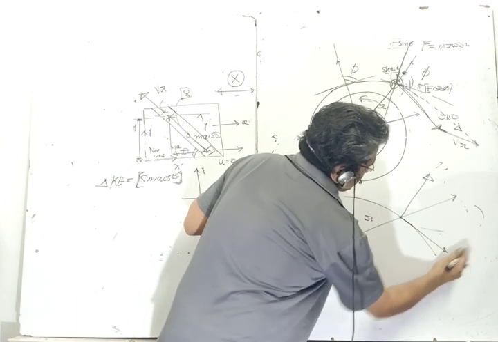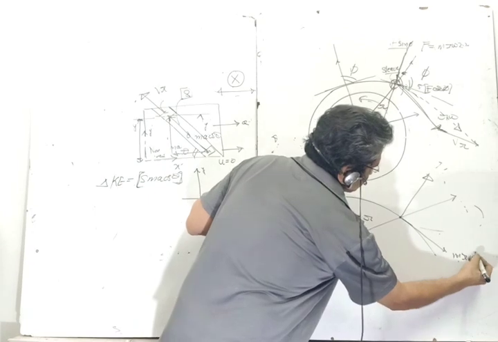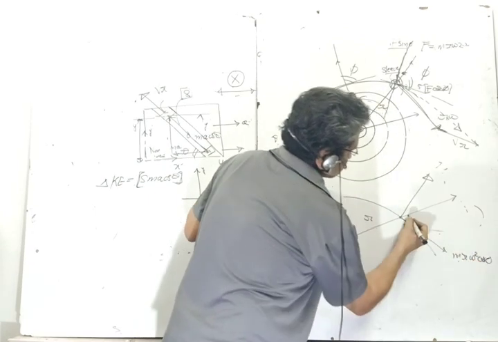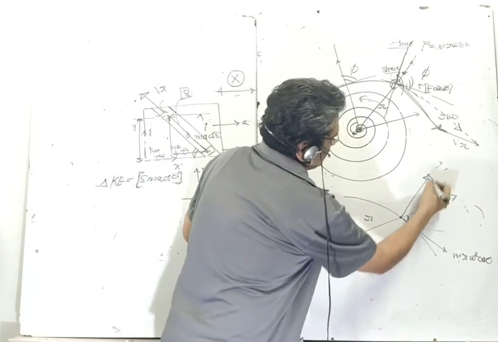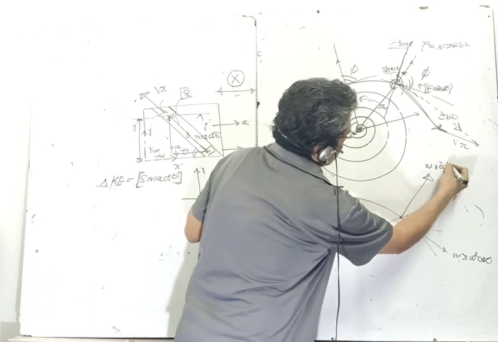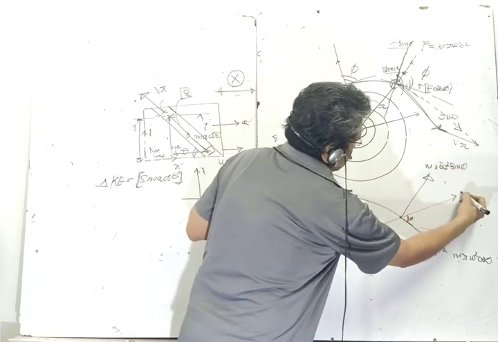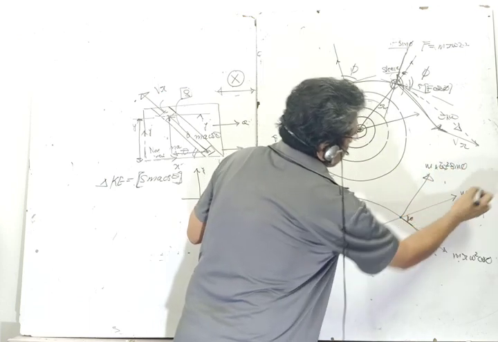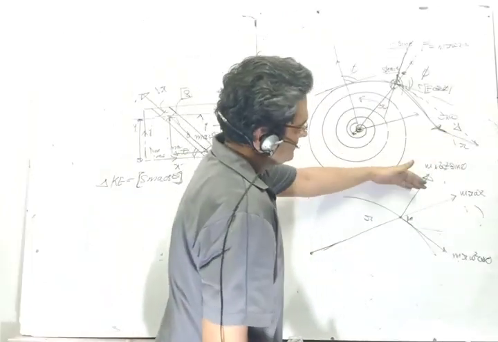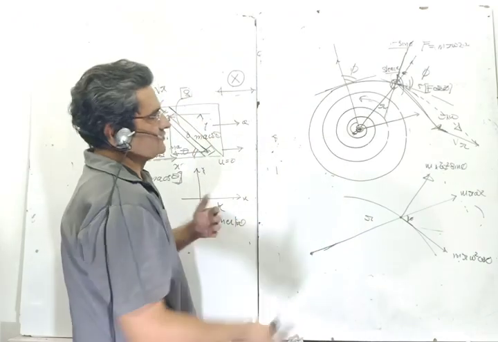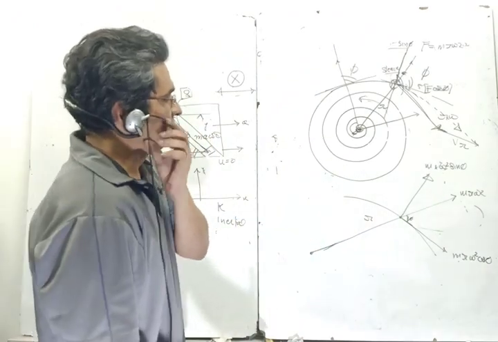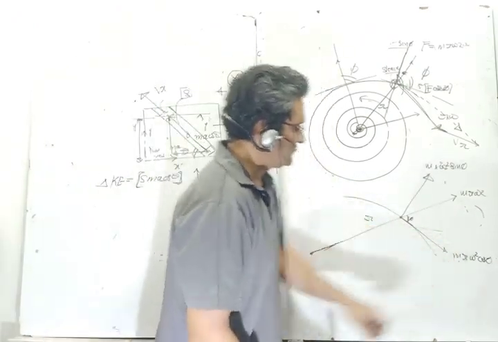So it is mr omega square cos phi. This angle was phi, and this is mr omega square sin phi, and this was mr omega square. This anyway we have already said it is not doing any work because it is perpendicular. Mg is perpendicular, Coriolis force is perpendicular, so they are not doing any work. Work is being done only by this force.